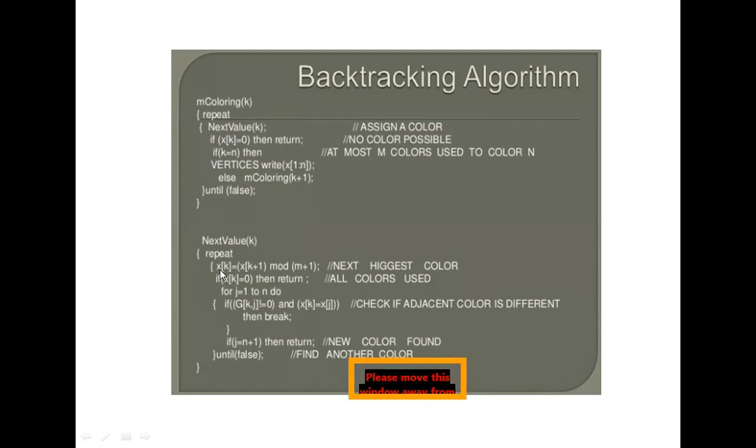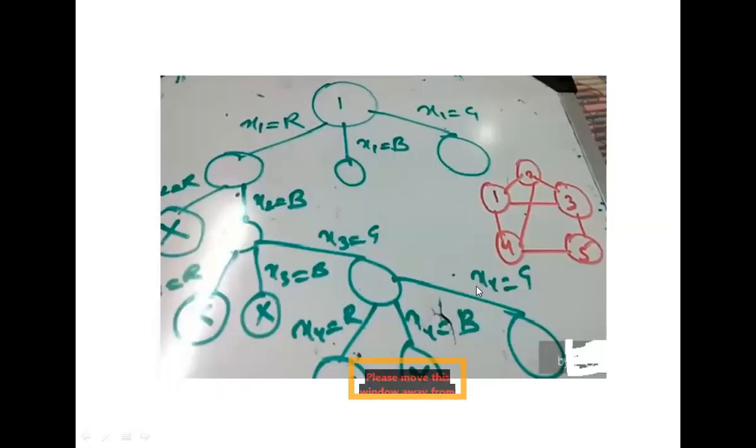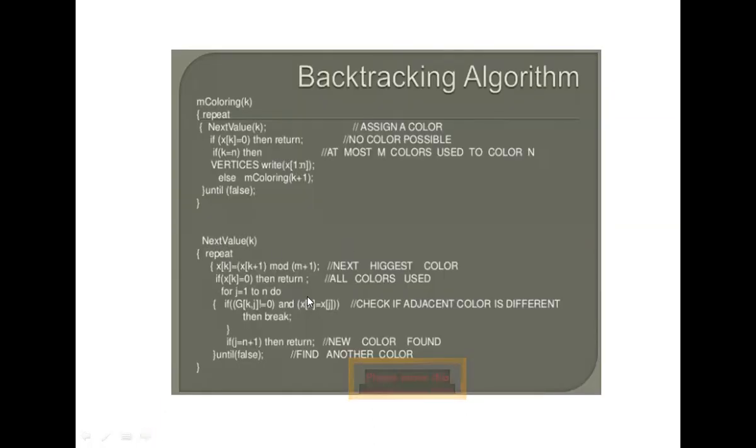So first I am considering the previous example. I am considering the first one with red color. Okay. So x of k means 1. Okay. X of k plus 1 means 1 plus 1, 2. So 2 mod m, where m is the number of colors, is the next highest color here. So m plus 1, where total colors we taken is 3, 3 plus 1 is 4.